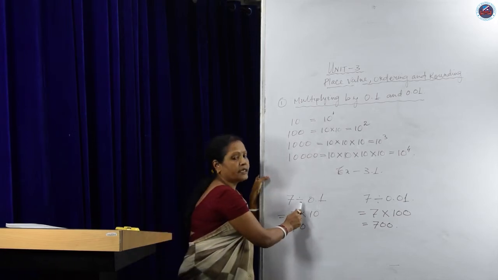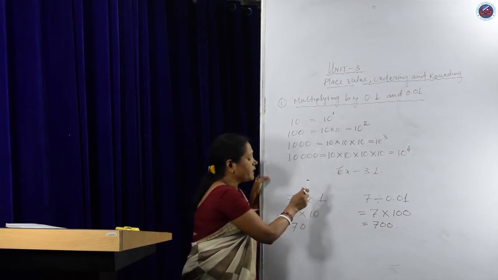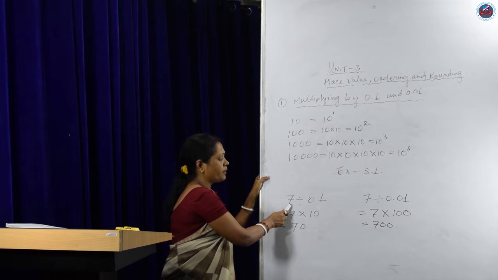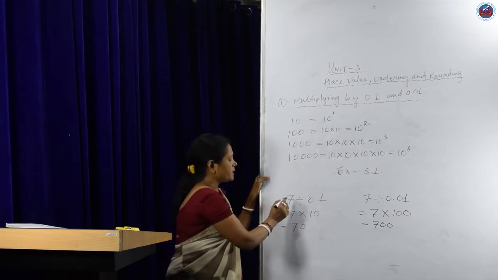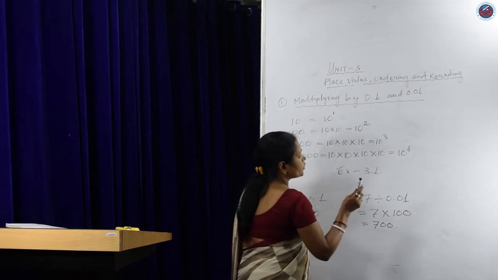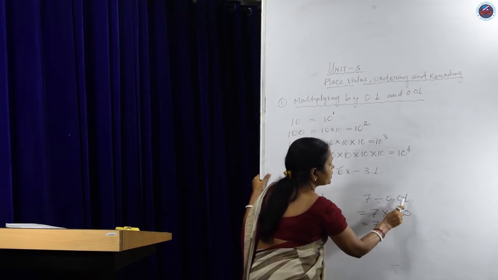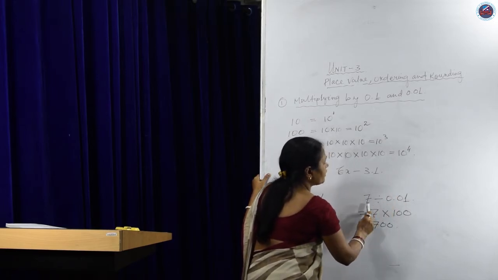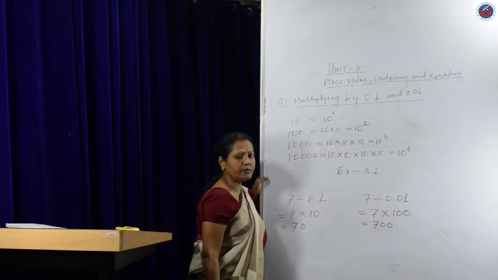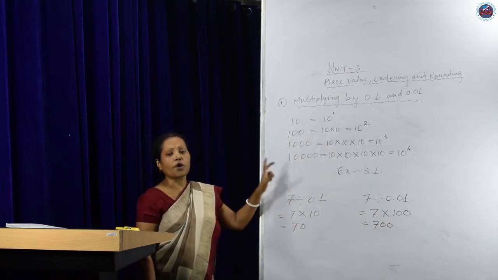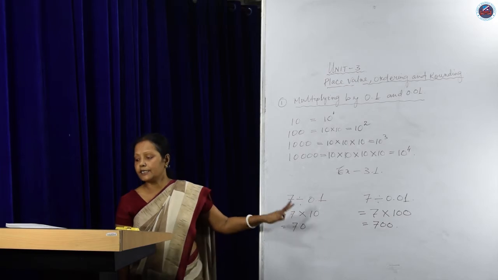So when you divide a number by 0.1, it's similar to multiplying the number by 10. That is 7 tens are 70. When you divide a number by 0.01, it is similar to multiplying the number by 100. That is 7 into 100 is 700. These are the two concepts you can apply in this exercise.